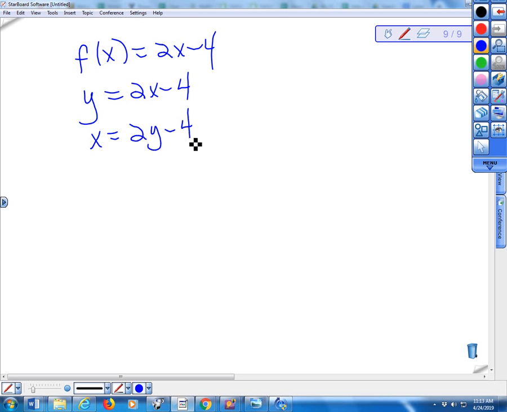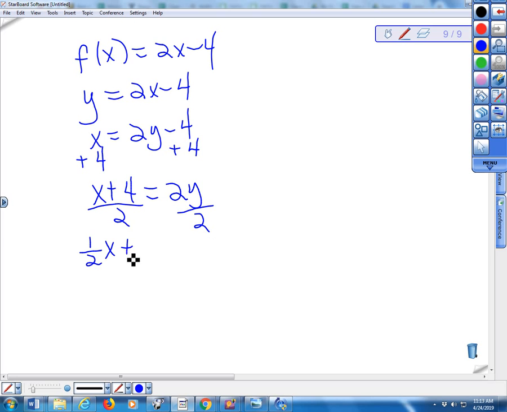So to solve for y, I have to add 4, and then divide by 2. So 1/2 x plus 2. And that's the inverse of the original function, which I could represent that way, or I could put the -1 here.